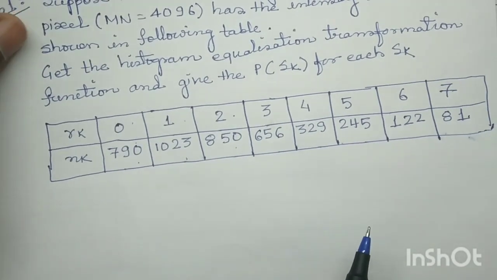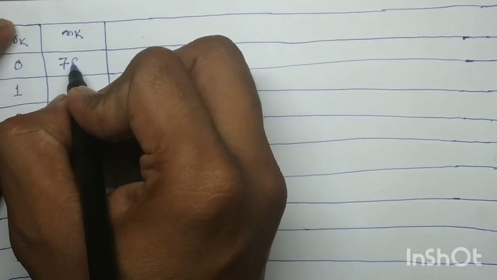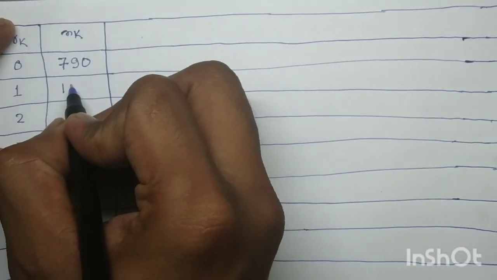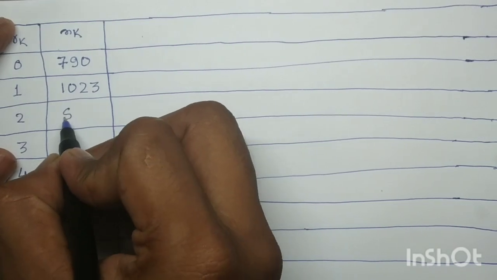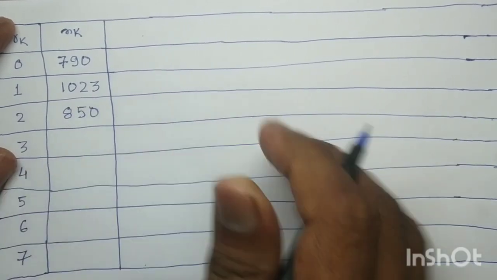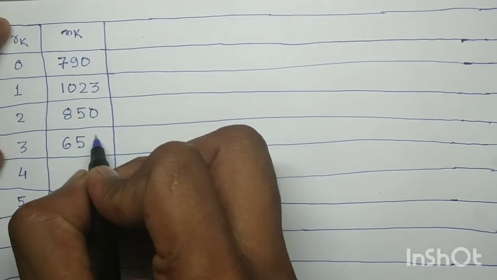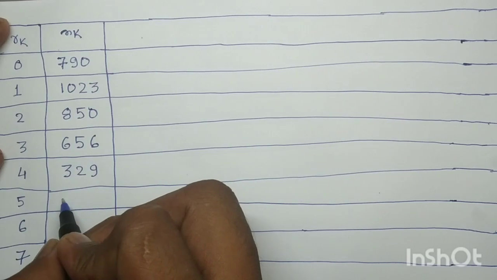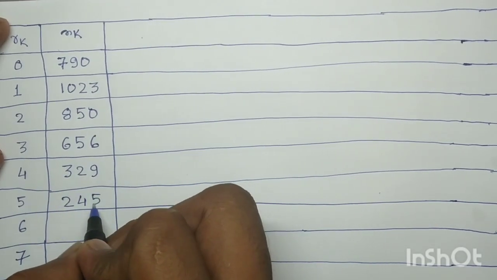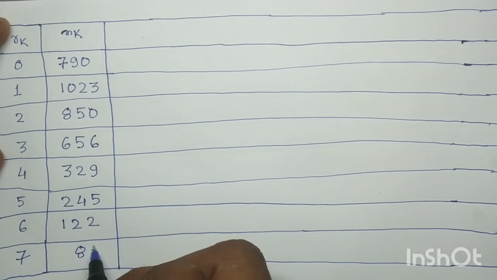So we will write like this: 790, 1023, 850, 656, 329, 245, 122, and 81.